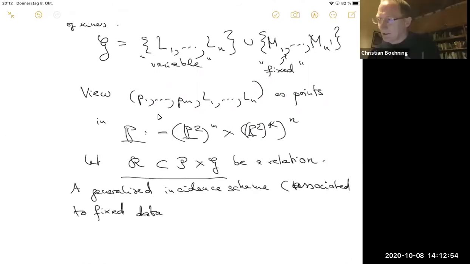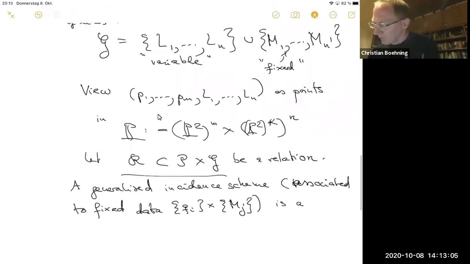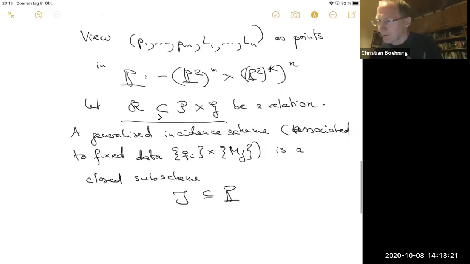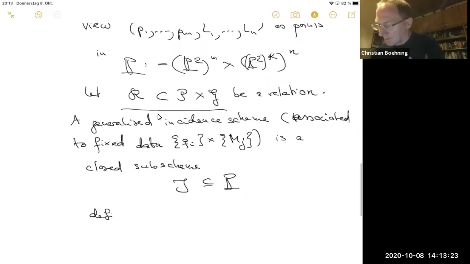Associated to fixed data, Q and M G, is the closed subscheme I in this product of projective spaces defined by equations.